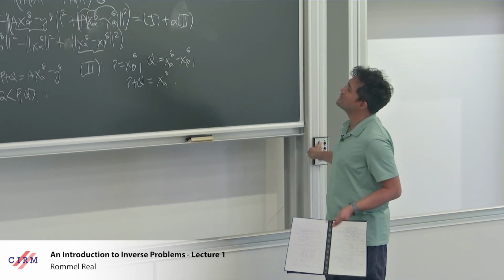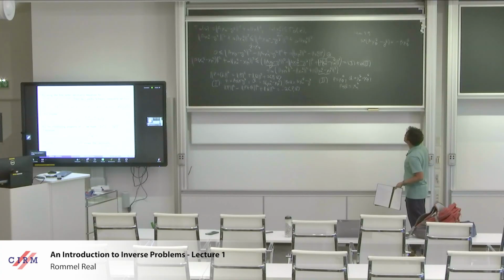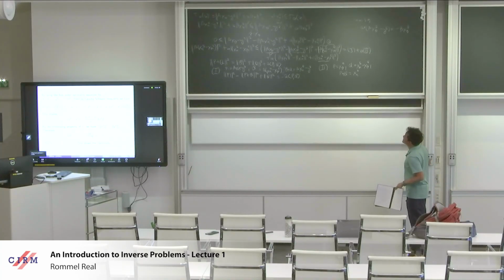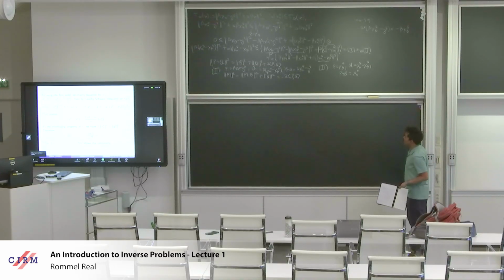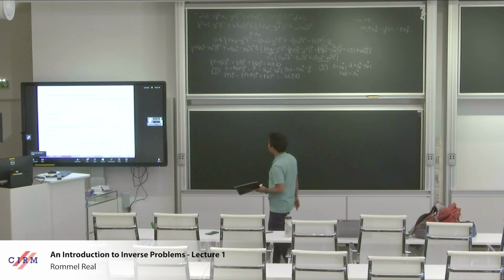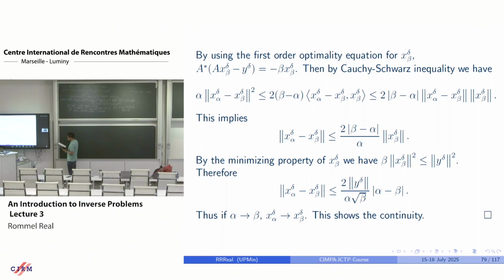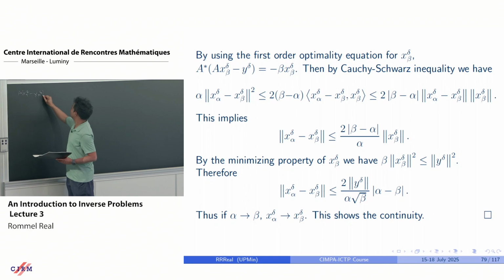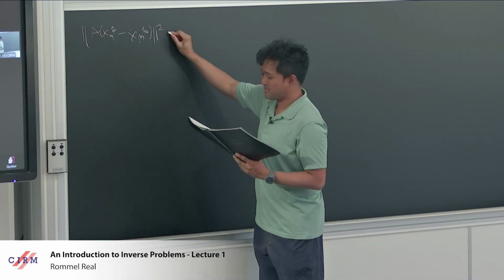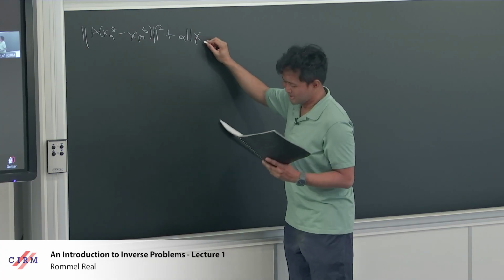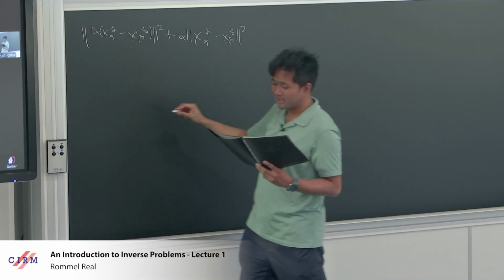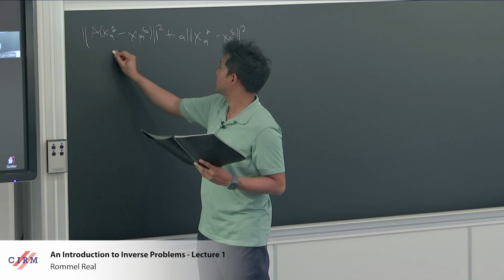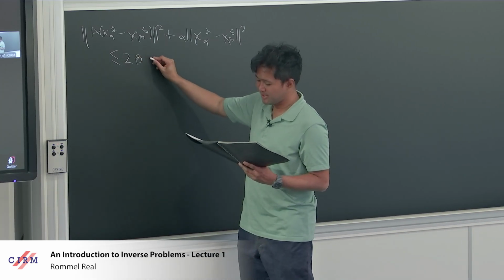Let me just shift here. Then let's just do that, okay? Oops, stop, okay. Gosh. So what you have here is this one squared plus alpha times x alpha delta squared, and then you will get something like this one. 2 times beta, that's the last line there.